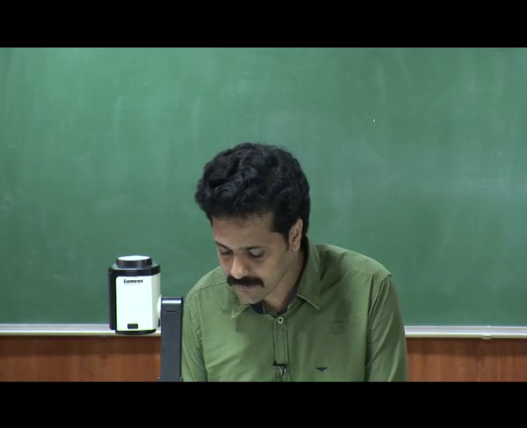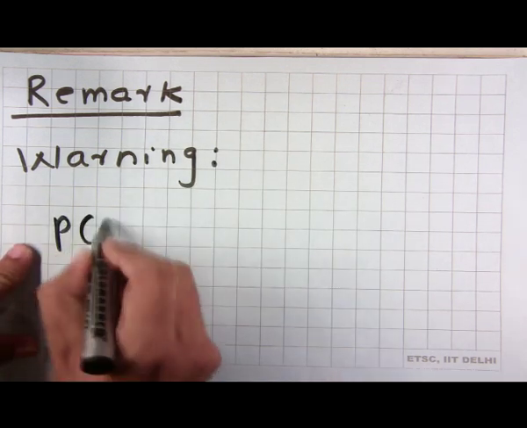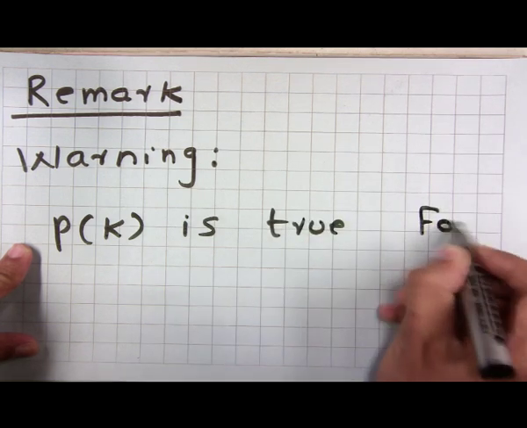So, this is a warning. The second step is not that we are assuming P of k is true for all k.